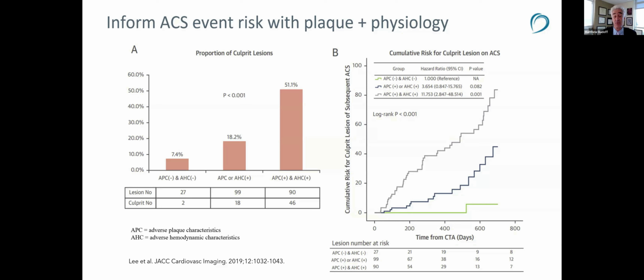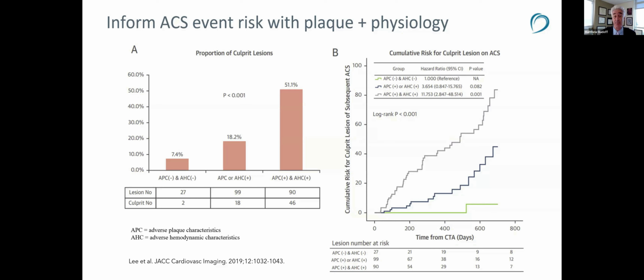If you have either adverse plaque characteristics or abnormal hemodynamics like FFR-CT abnormalities, your risk goes up 2.5-fold. And as you go towards both adverse plaque characteristics and adverse hemodynamic characteristics, your risk goes up about 7-fold.